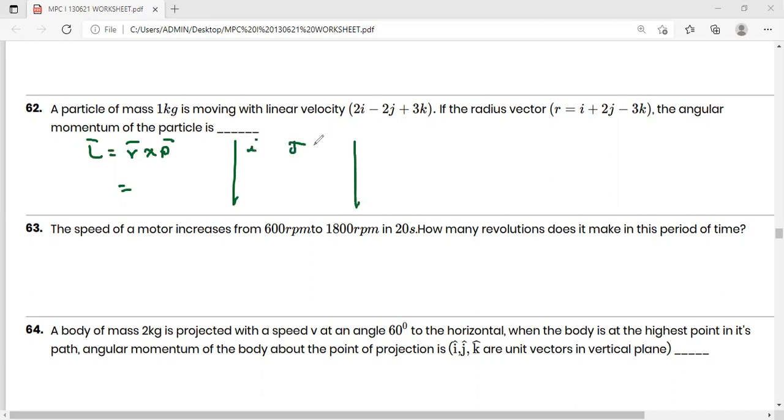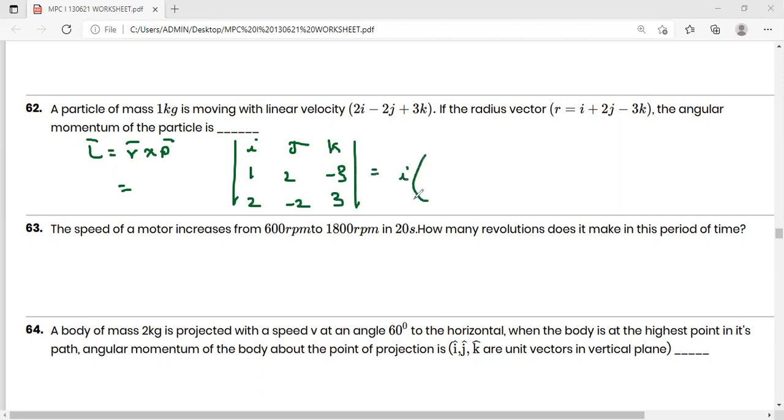For the cross product, you can take the first row, that is i j k. R bar coordinates are 1, 2, minus 3 are the components. And for momentum p bar, that is mass into velocity. Mass is given 1 kg only. Even if you multiply with this, the same components you will get. So that is 2, minus 2, 3.